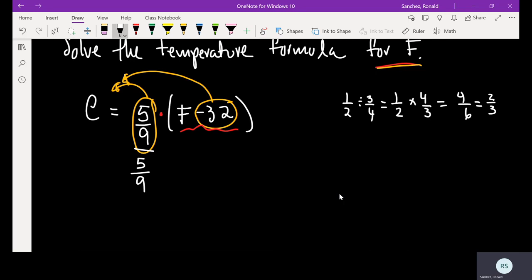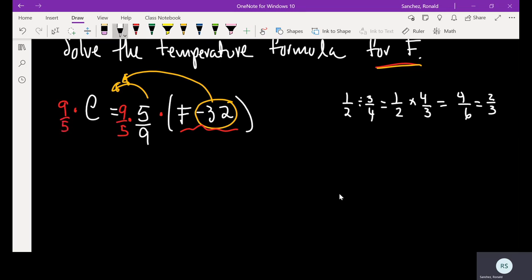Yes, which is 2/3. Now here, instead of dividing by 5/9, what I would recommend is to do the reciprocal from the beginning. So multiply by the reciprocal of that fraction, which will be 9/5.